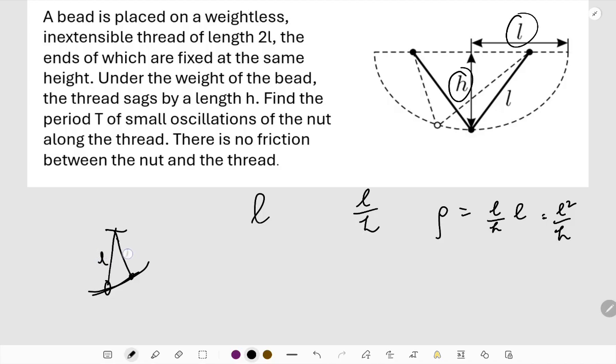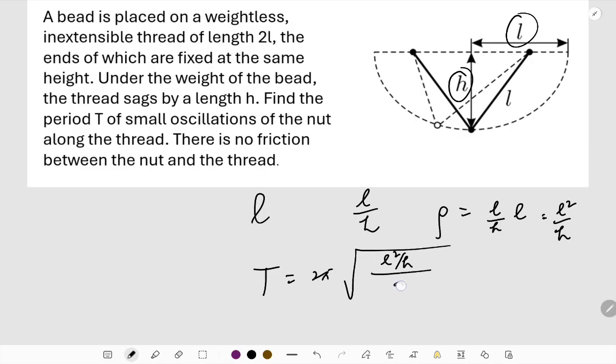For a small oscillation you can consider this length as a constant, and the time period of this simple pendulum is 2 pi under root L by g. So the answer you are going to get is 2 pi under root L square by H by g, that is equal to 2 pi under root L square by gH.